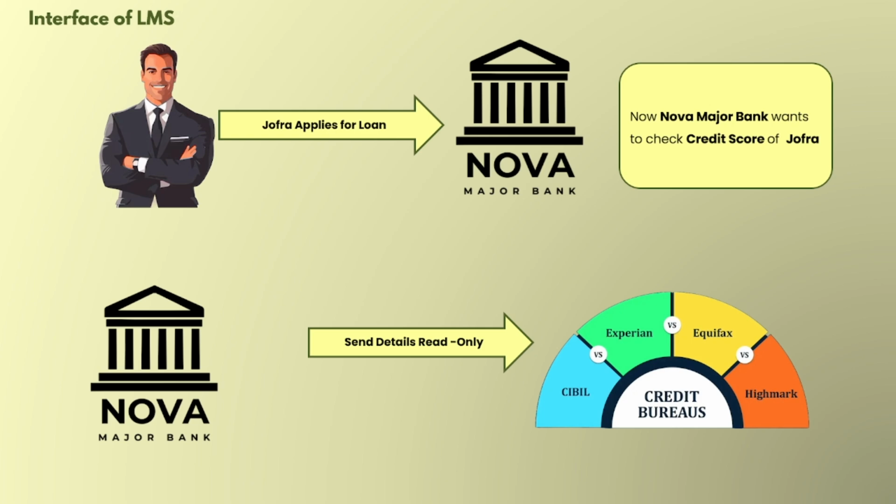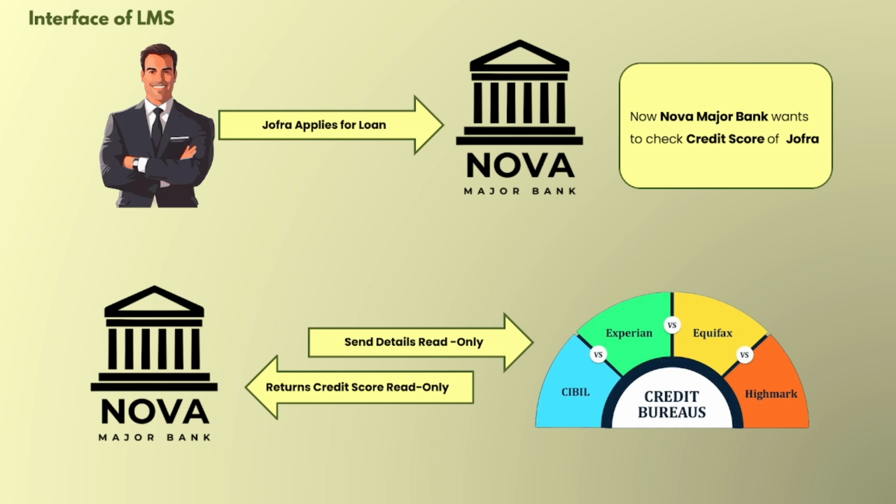After checking, the credit bureau returns the credit score to Noah Major Bank. Once Noah Major Bank receives this data, they will process Jofra's loan for the other formalities required to accomplish it. I hope now you are getting the idea of what an interface is.